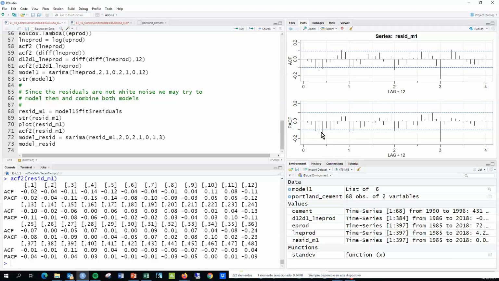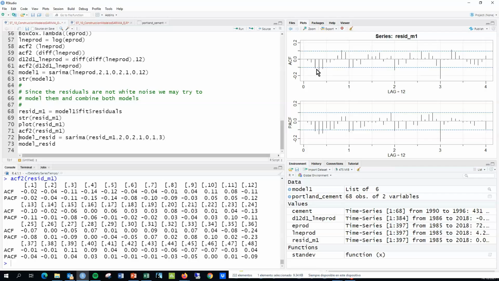Okay, so it looks like for these residuals I could fit 0 differences because they're already centered around a constant value. And probably I will have 2 autoregressive terms and 2 moving average terms. And on this side, if you see, 1, 2, these 3 spikes are significant.